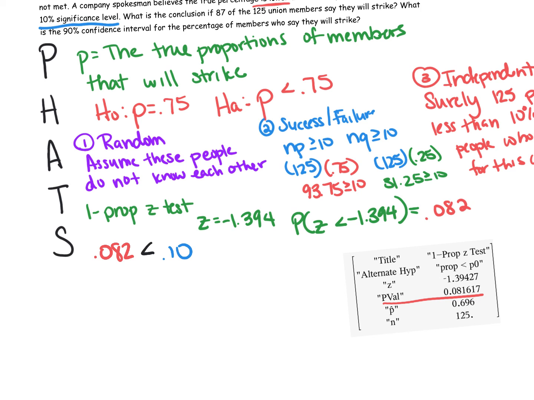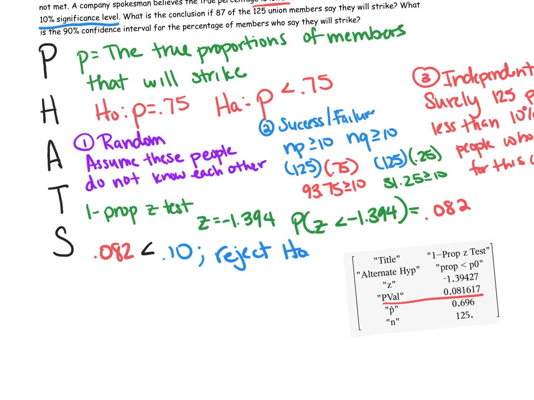When the p-value is less than the alpha value, we always reject the null. So we'll reject H0. We're rejecting H0, and H0 is that the true proportion of members that will strike, because that's what your P is, is equal to 75%. We're rejecting that.